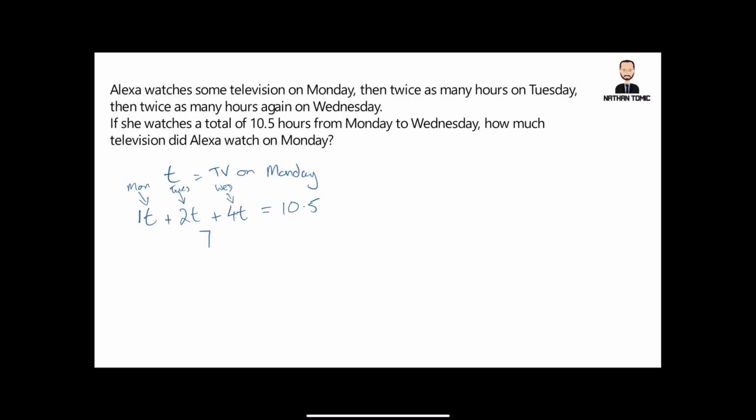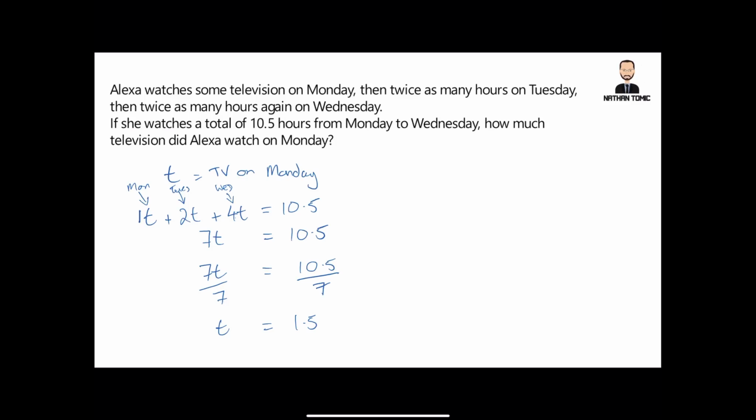So we can also say this is 7T is equal to 10.5. Now that we've got that, we can simply undo the 7T. So to undo the 7, we have to divide by 7: 7T divided by 7 is equal to 10.5 divided by 7. And of course, if we do that, we get T being equal to 1.5. So we reckon it's 1.5 hours.